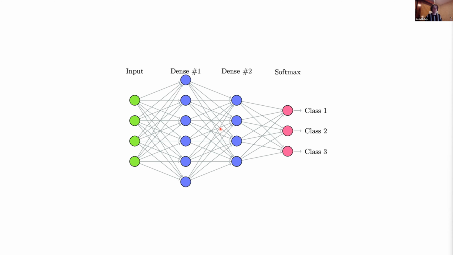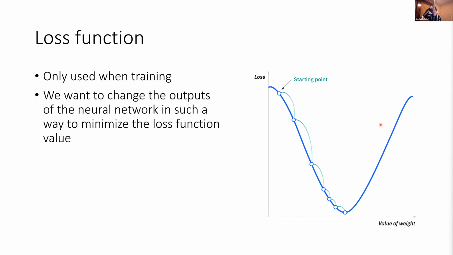So for an input, you would get random outputs, which is not very useful. And for that reason, when training the neural network, this is really, for me, the most interesting part, you add another function on top of the neural network called the loss function, which outputs just a single value, and this value simply correlates with what we want our neural network to do.